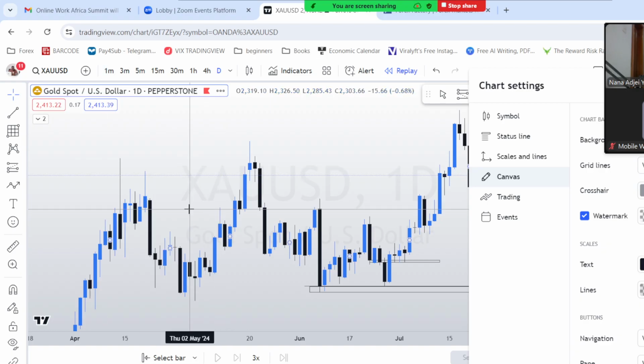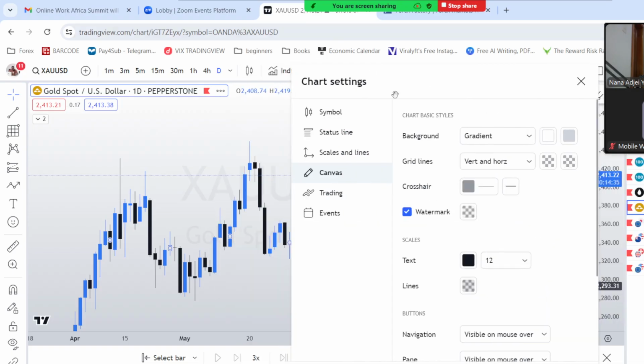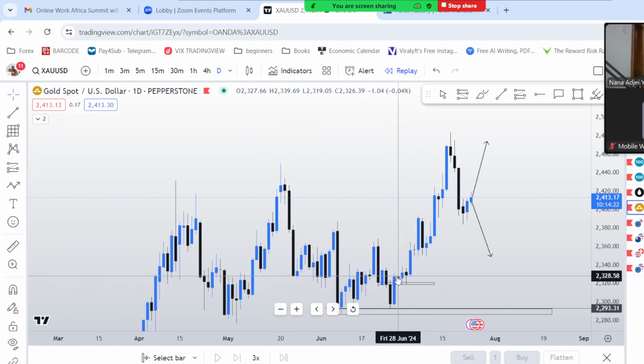This is the gold chart, represented by XAU USD. If you want more information, kindly access the complete course to understand how to set up your TradingView nicely. Because of time, let me just head over to the business of the day.